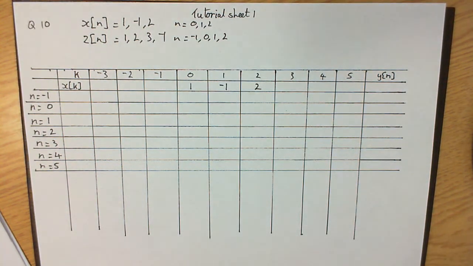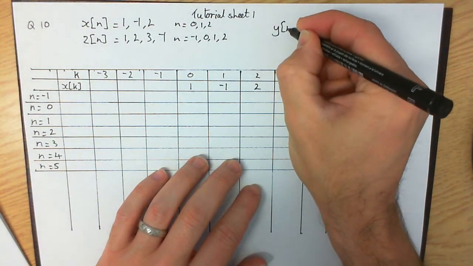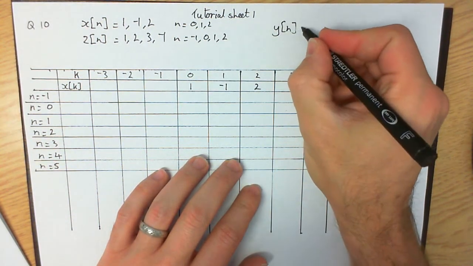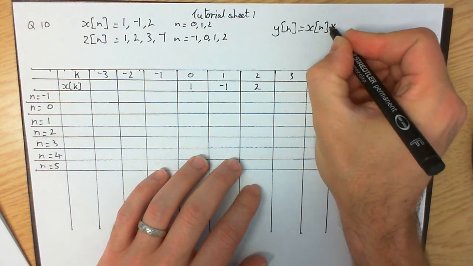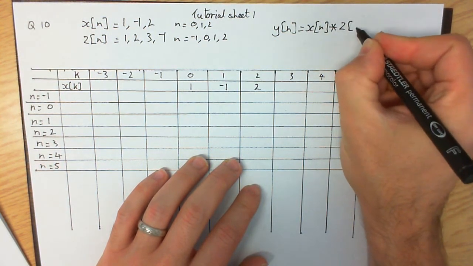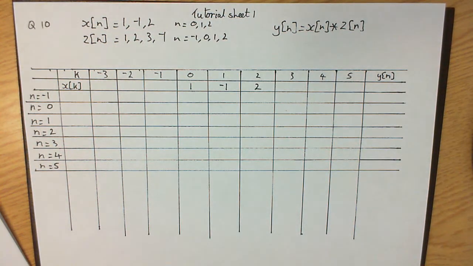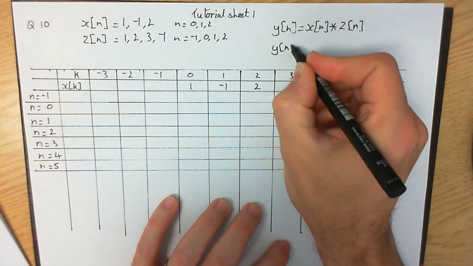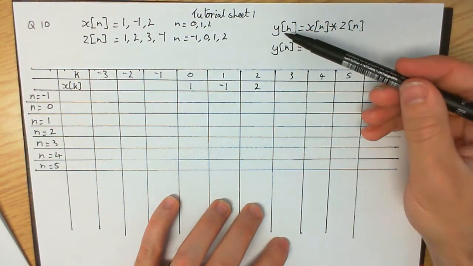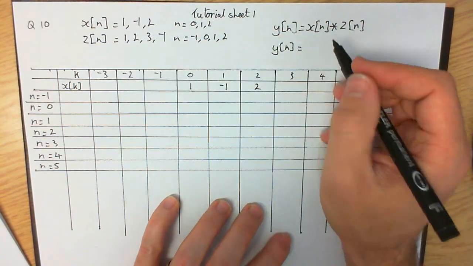And the question asks us to compute and sketch y of n, which is equal to x of n convolved with z of n. So we of course have to recall the convolution integral, and in this case we're using, this is a discrete function, these are two discrete functions.